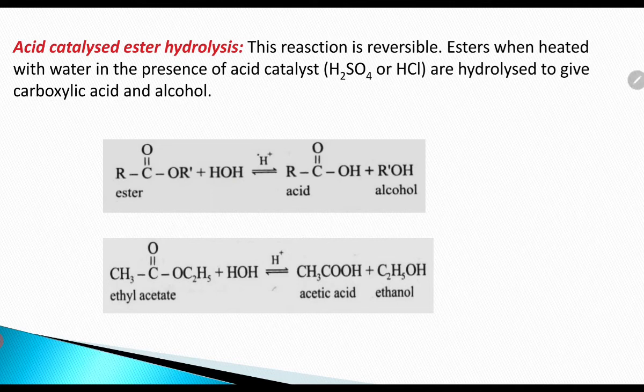For example, the general formula RCOOR' ester plus H2O in the presence of mineral acid gives rise to carboxylic acid and alcohol. The example I have taken is ethyl acetate. Ethyl acetate on hydrolysis gives rise to acetic acid and ethyl alcohol. Let us see the mechanism.